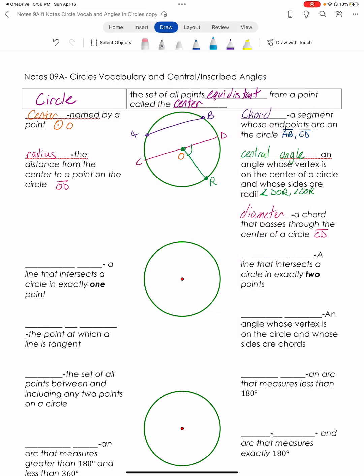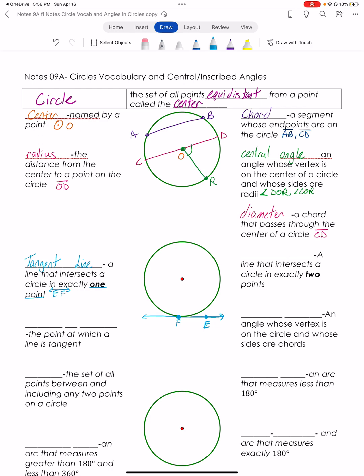Okay, a line that intersects a circle in exactly one point is called a tangent line. The thing with a tangent line, so like this, and we'll call this point F, and we'll call this point E. Much like me, it addresses a point and then goes off in a whole other direction, only touching the point once. So EF is a tangent line.